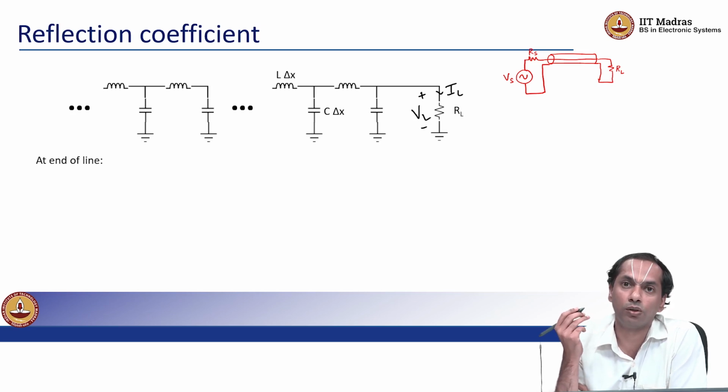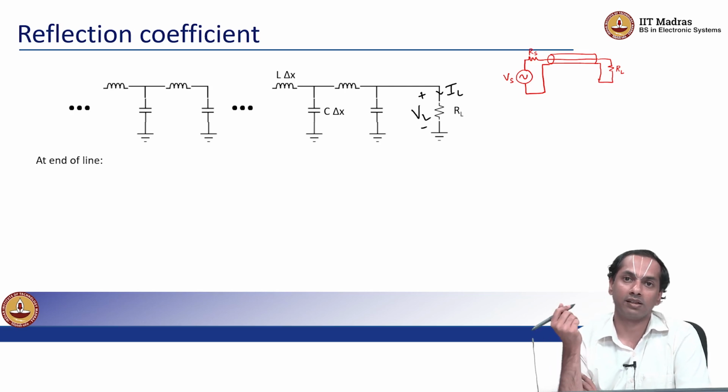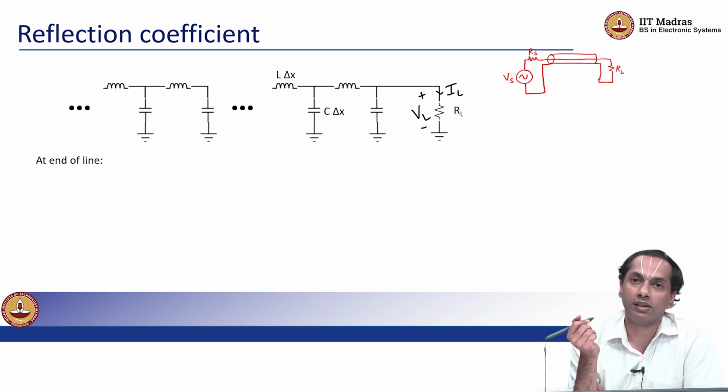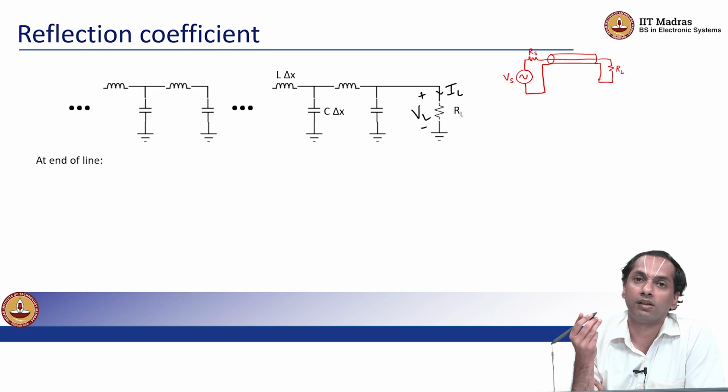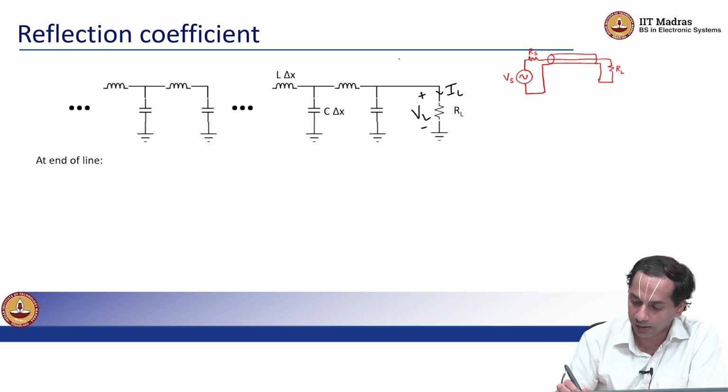I also want to do this as an exercise so that you are comfortable in handling voltages as a combination of these V plus and V minus functions. So let us take this as an exercise to see how voltages and currents in the transmission lines can be used in practical scenarios. Remember that this is our model for the transmission line.